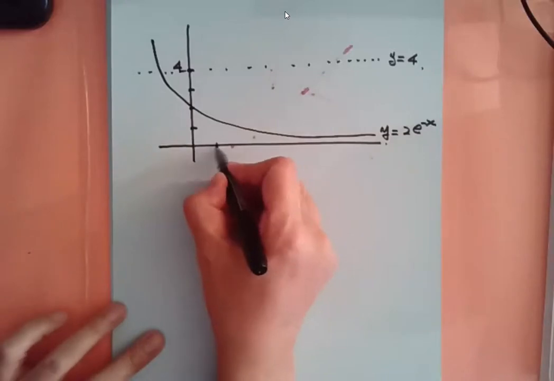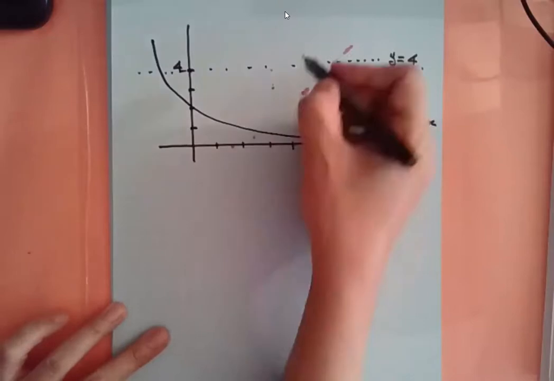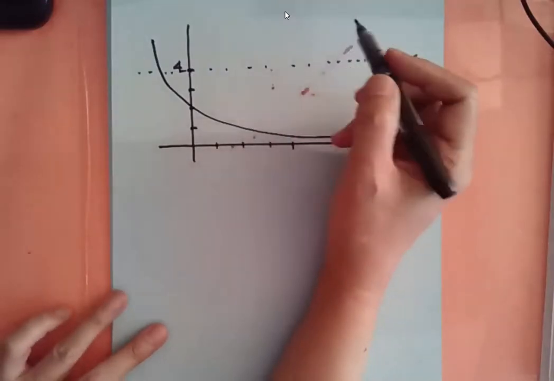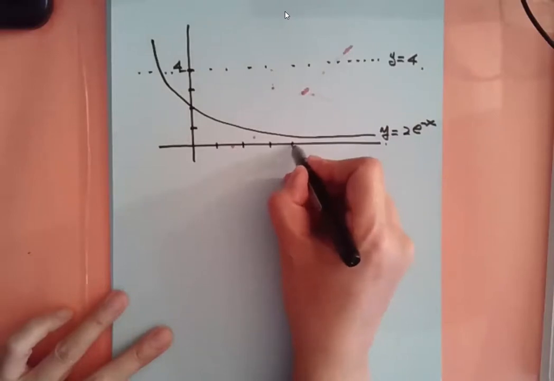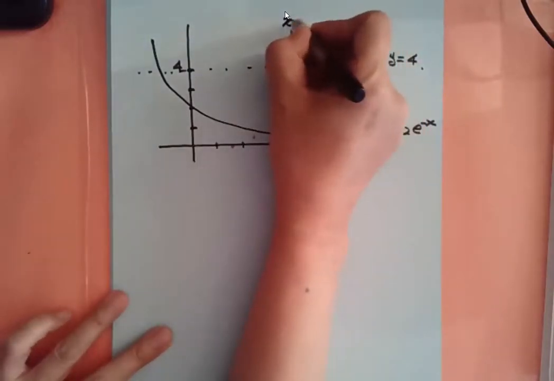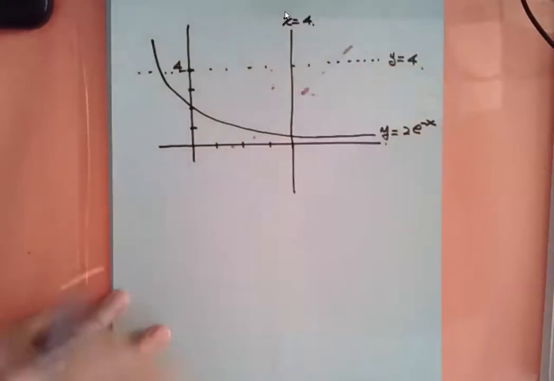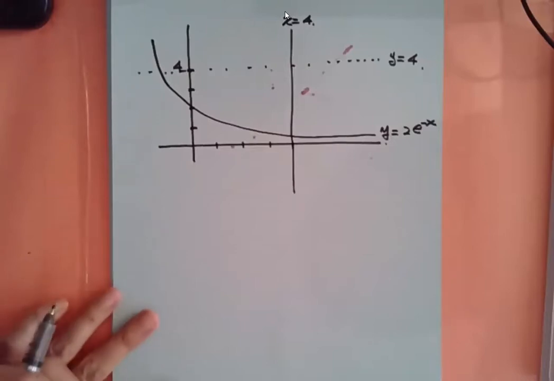And 1, 2, 3, 4. We are thinking about x equals 4. That is a vertical straight line. And we also think about y equals 2.